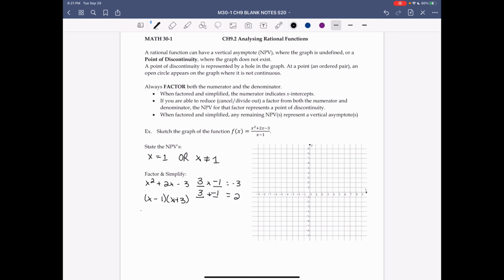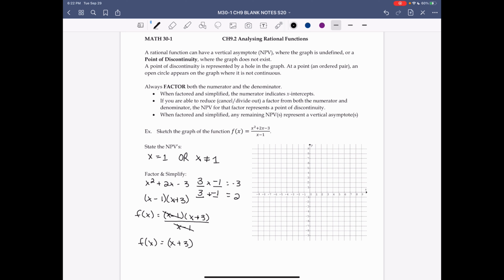Our function becomes f of x equals x minus 1 times x plus 3 over x minus 1. Then we can divide out x minus 1. So we're left with our simplified version, f of x equals x plus 3.